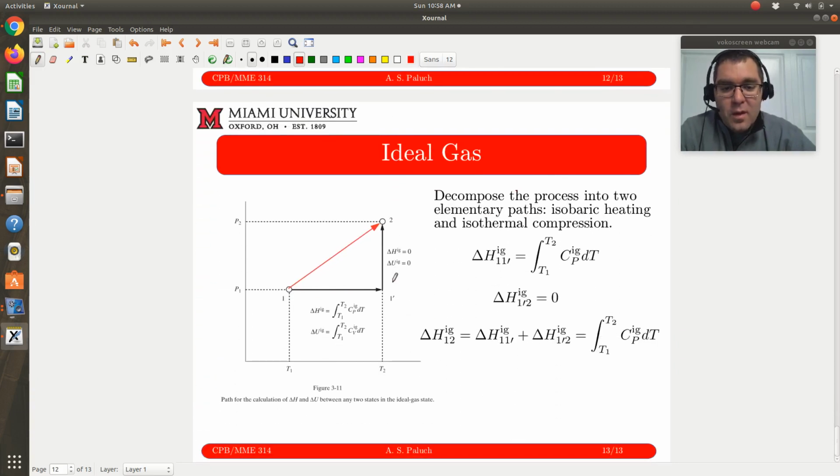So if I have a process involving an ideal gas, no matter what the process is, remember, enthalpy and internal energy are only a function of temperature. So my enthalpy and internal energy will be insensitive to changes in pressure. They'll only be a function of T. Hope that helps.